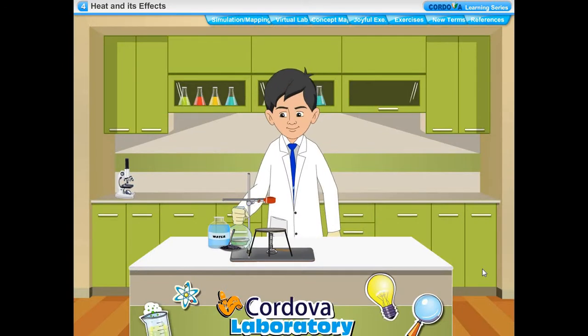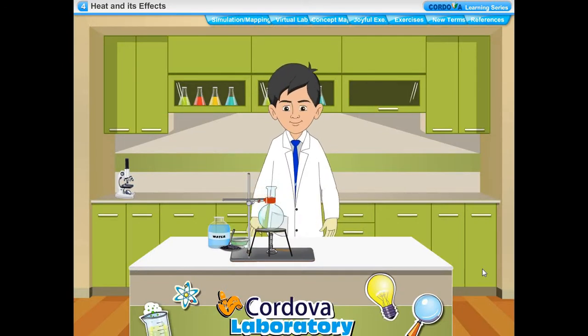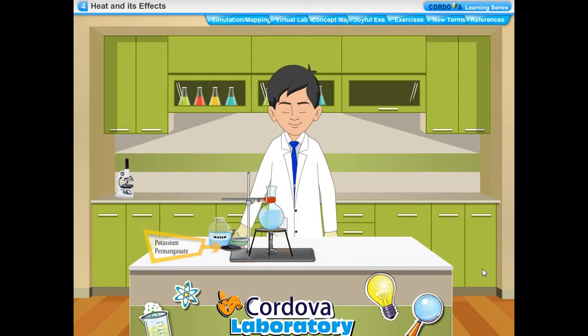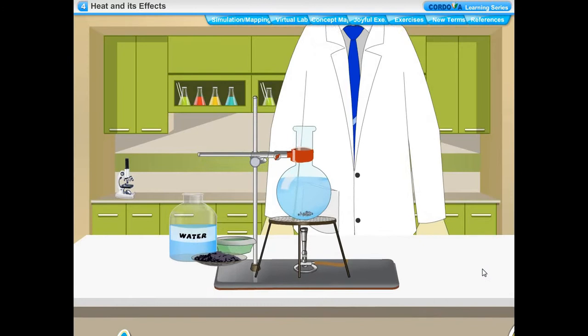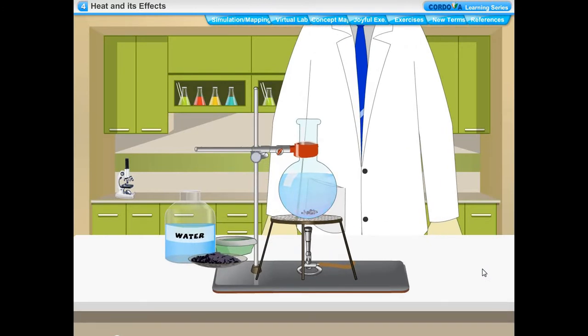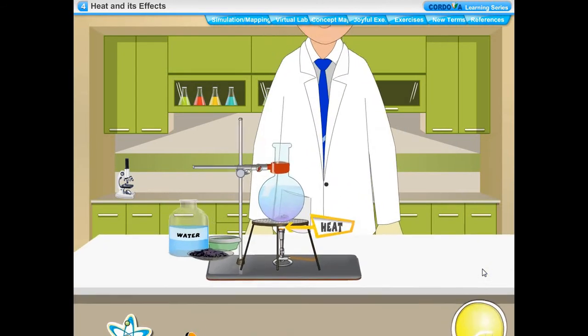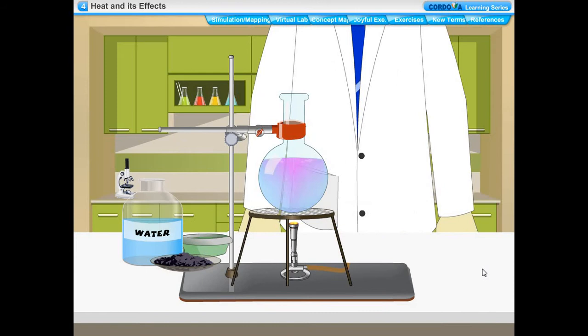Method: take a round bottomed flask and fill it 2/3 with water. A small crystal of potassium permanganate is dropped gently using a spatula at the bottom of this flask. This potassium permanganate crystal dissolves slowly and forms a purple-colored solution around itself. Heat the water at the bottom of the flask by using a burner and observe the movement of the purple-colored solution.